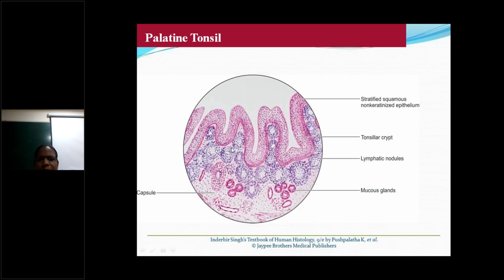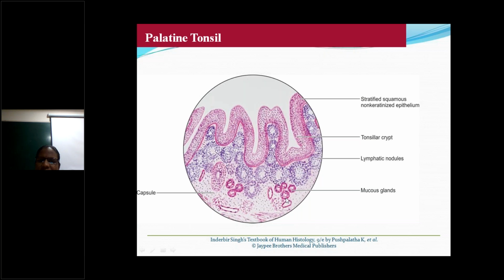Below the epithelium, some connective tissue is seen. Below that, you are able to see a number of lymphatic nodules. The epithelium is thrown into inward folds, and that inward fold we call the tonsillar crypt.